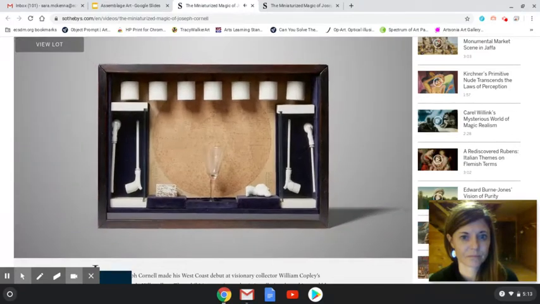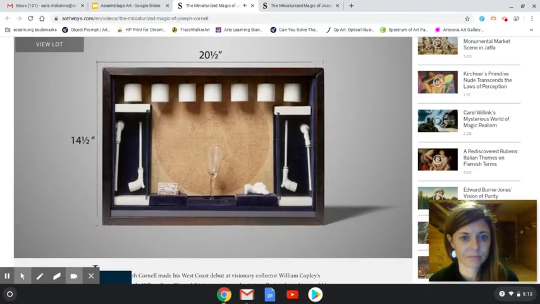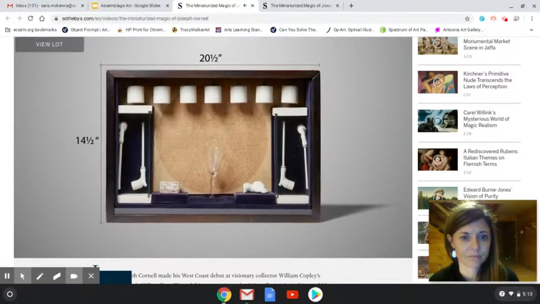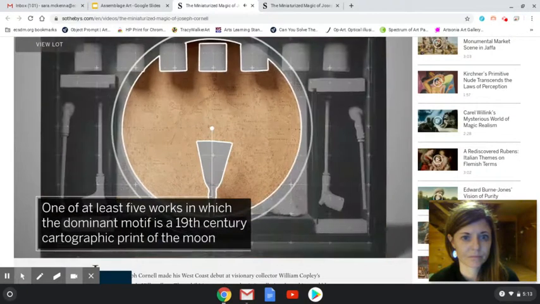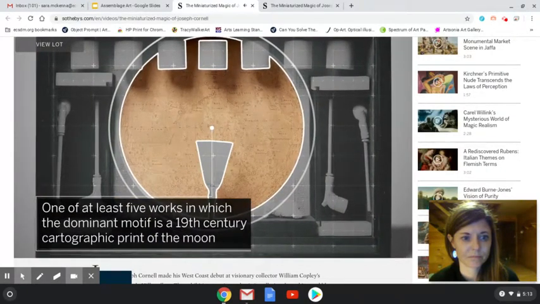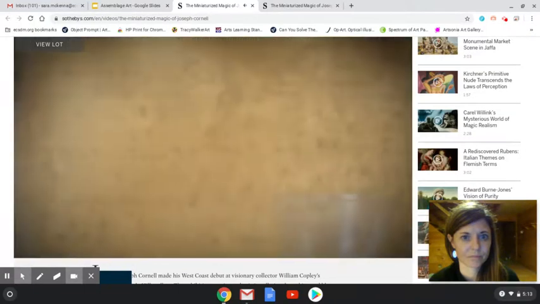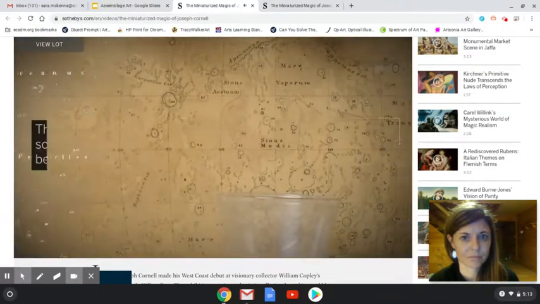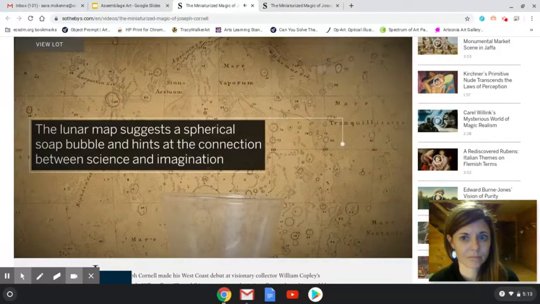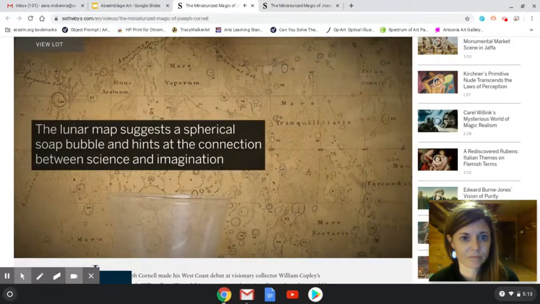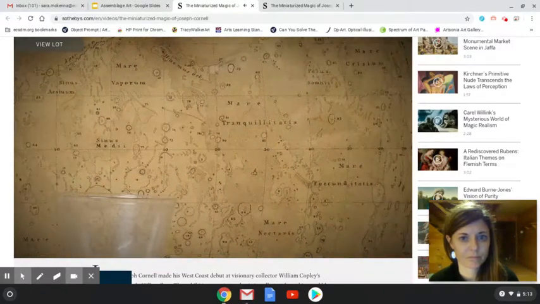The work measures 14.5 by 20.5 inches and is one of at least 5 in which the dominant motif is a 19th century cartographic print of the moon. The antique lunar map suggests the spherical soap bubble from its title and hints at the connection between science and imagination.